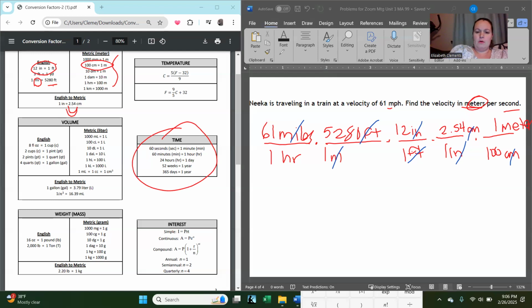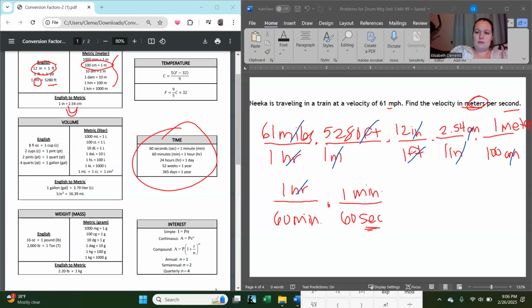So I have 1 hour is equal to 60 minutes. Then this hour that's in the denominator here is crossing off with this hour that's in the numerator. Times 1 minute is equal to 60 seconds.